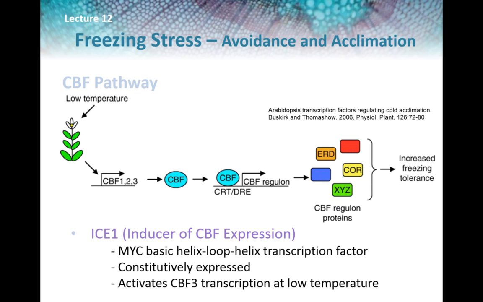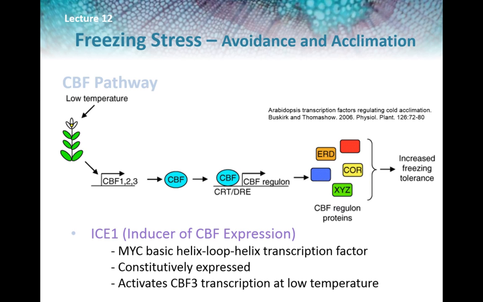As we look at the regulation of CBF transcription, a key question is how do low temperatures trigger production of the CBF transcription factors? Clearly, there is a constitutively produced factor that is inactive in the absence of low temperature signal. The constitutively expressed factor is ICE1, inducer of CBF expression.